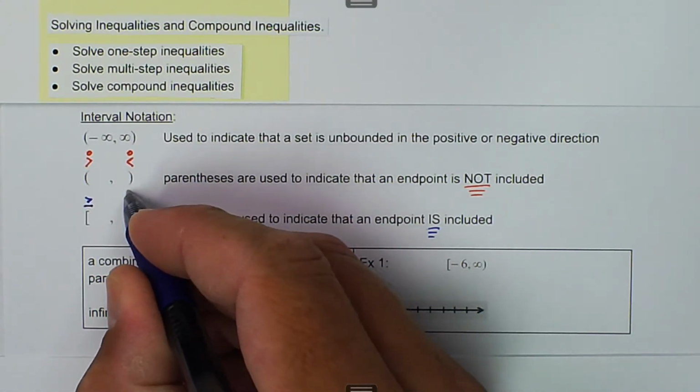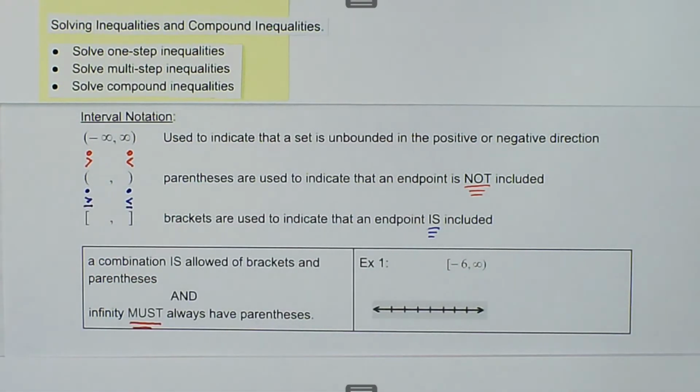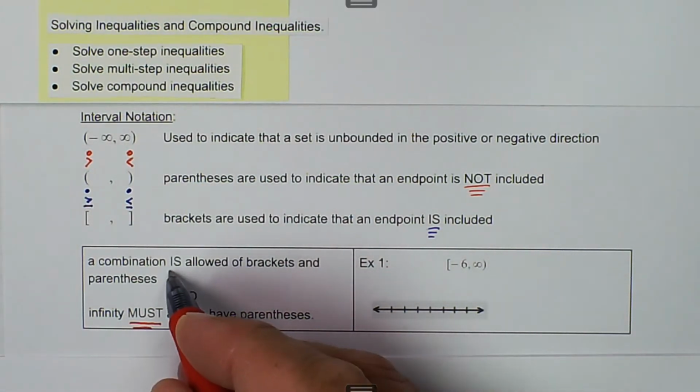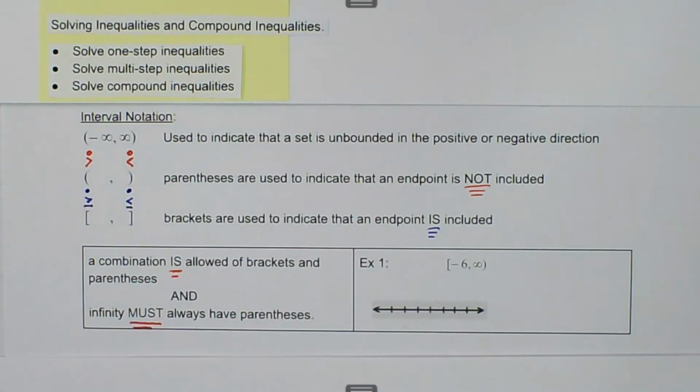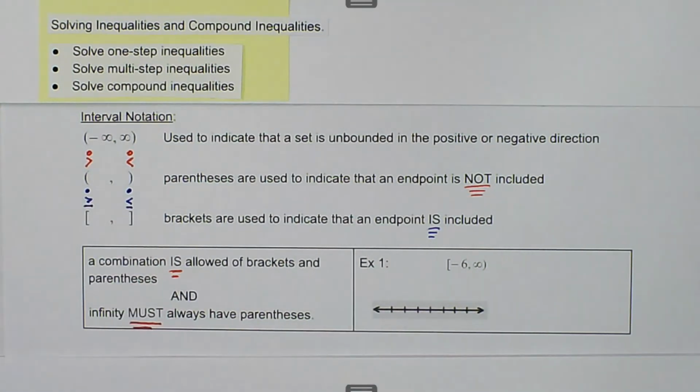And if we're talking about the dots, these are the closed dots. A combination of both parentheses and brackets is allowed. One side of an interval notation can be a bracket and the other side can be a parenthesis.